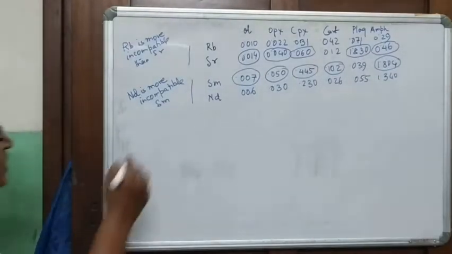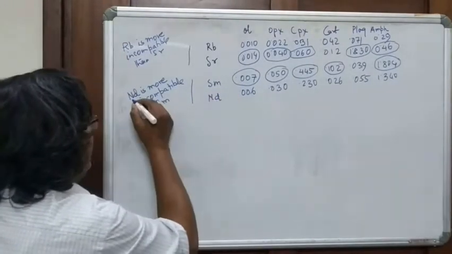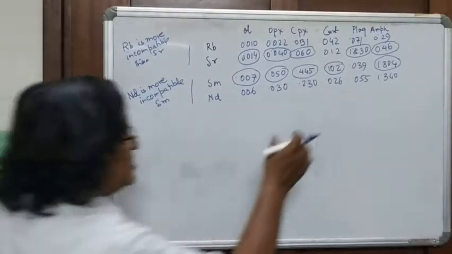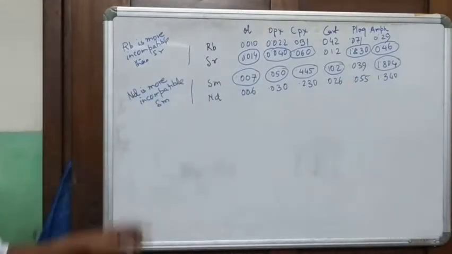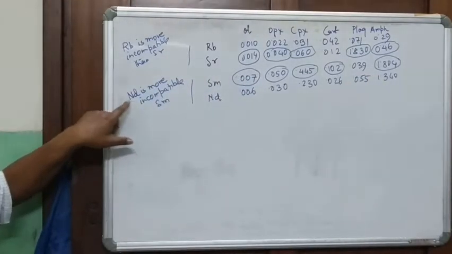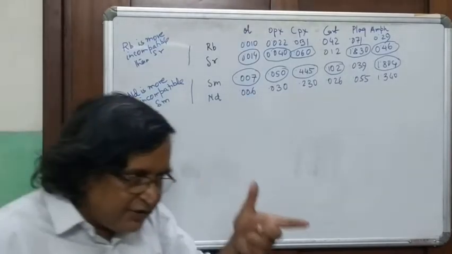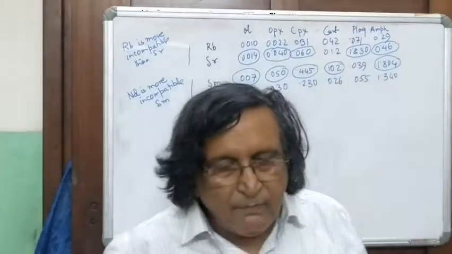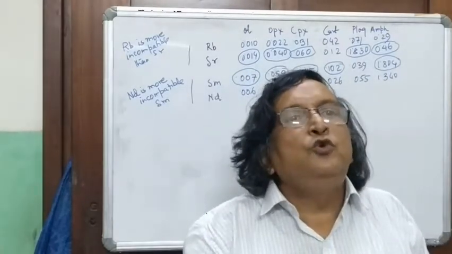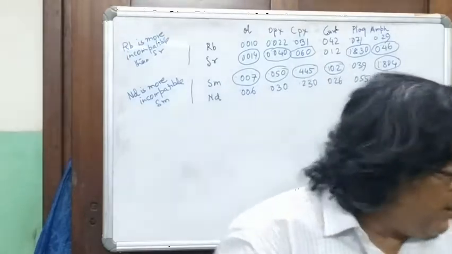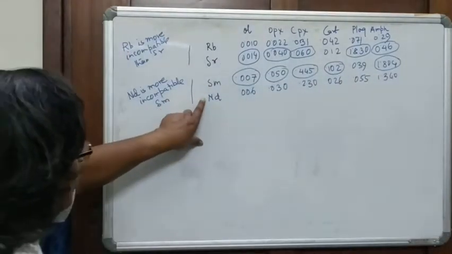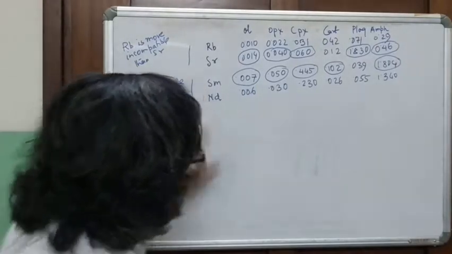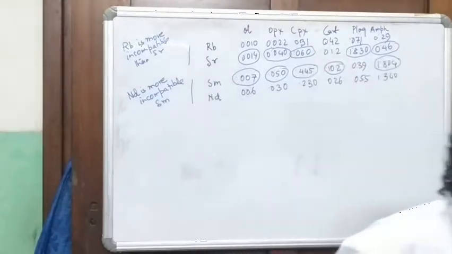Here, for samarium and neodymium, we have said that neodymium is more incompatible than samarium if we leave aside plagioclase. That means if you melt, neodymium will be preferentially transferred into the melt, while samarium will be relatively retained in the mantle, because samarium has a higher value. So in the melt, neodymium by samarium would increase, but in the solid, samarium by neodymium would decrease.